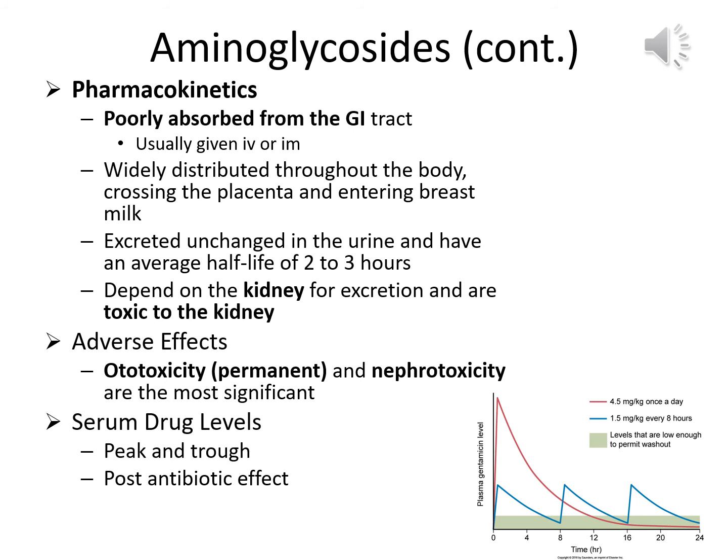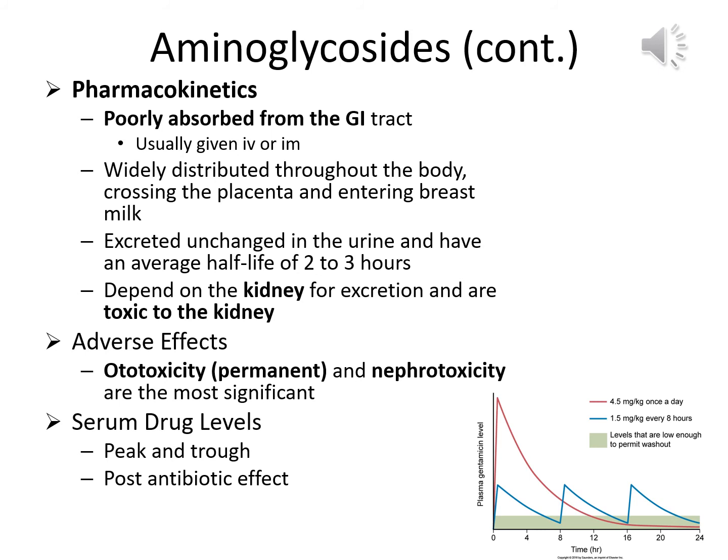That's an area you need to get to in order to prevent, or at least diminish, the risk of these adverse events. The longer we're above that green line, the higher the risk of having these adverse events, the ototoxicity and nephrotoxicity. This is one class of drugs where we commonly measure blood levels.